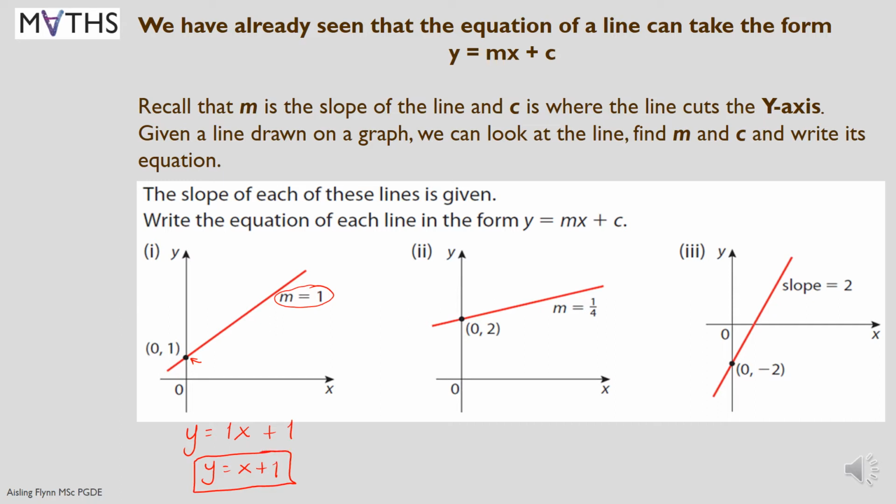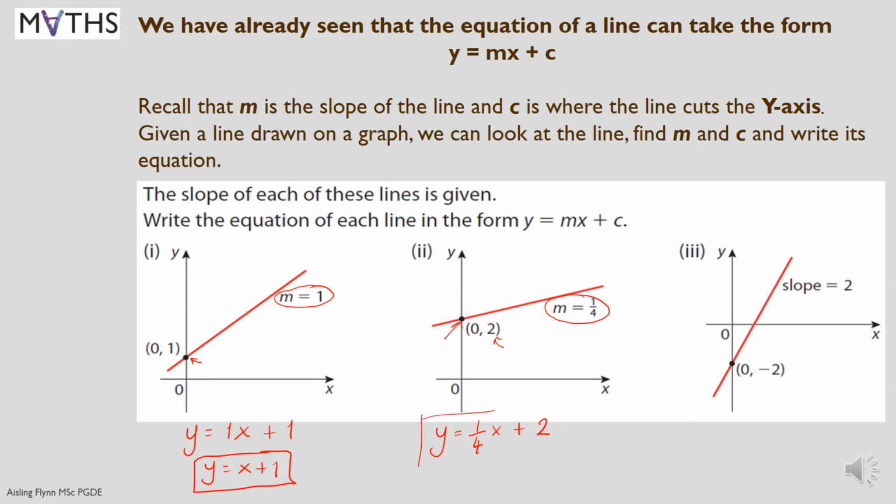Alright, let's look at number 2. Here we have slope is 1/4, and the y-intercept crosses the y-axis at 2 here. So y equals mx plus c, y equals 1/4 times x plus 2.